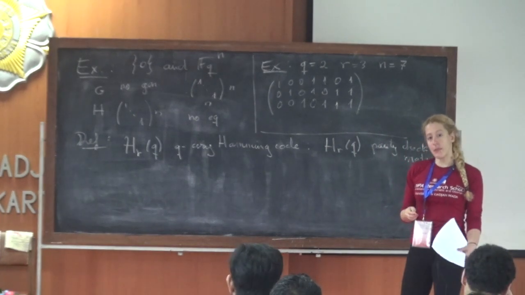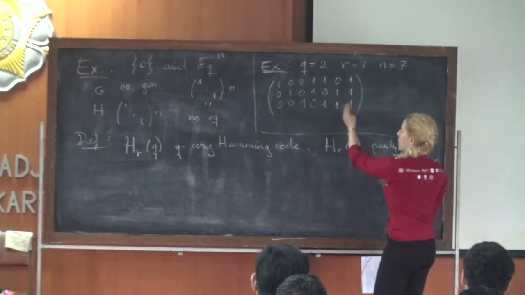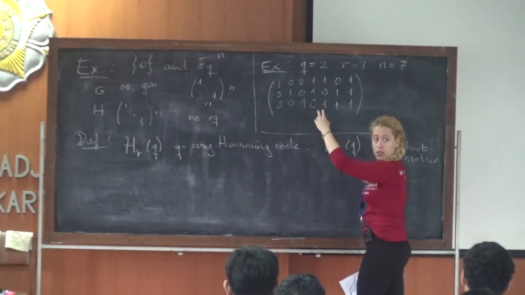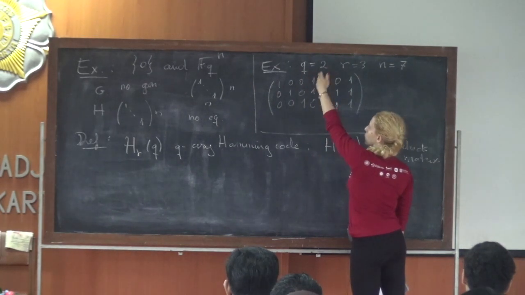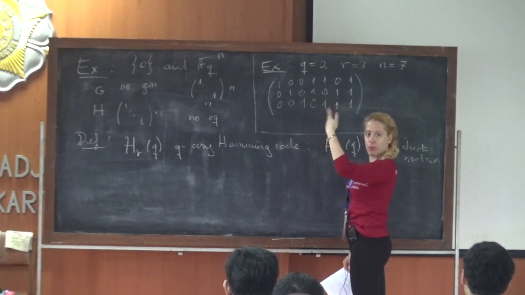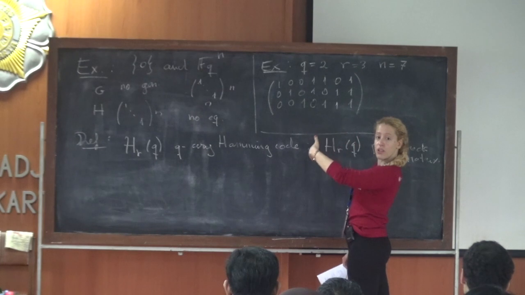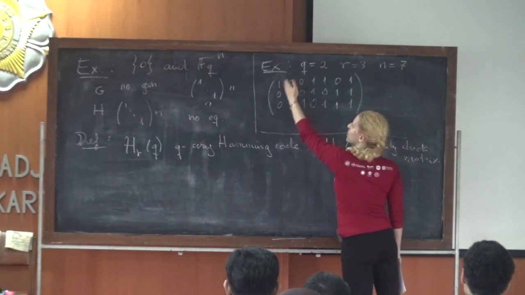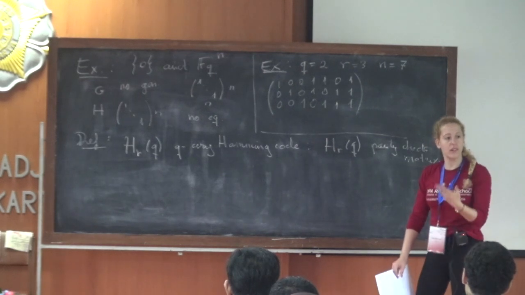The matrix is well defined up to permutation of the columns, and if I multiply a column by a constant. In this case, because q is equal to 2, I cannot multiply by anything non-zero, but imagine that q is equal to 3, then I could multiply one of those columns by 2. The idea is that all the columns generate the full space.